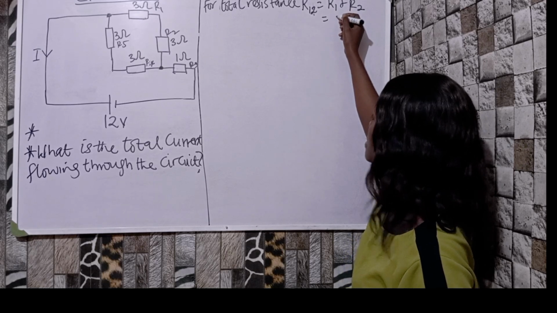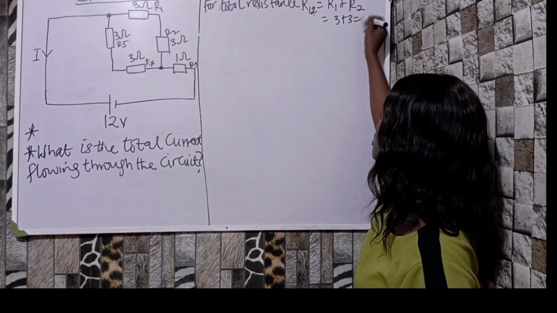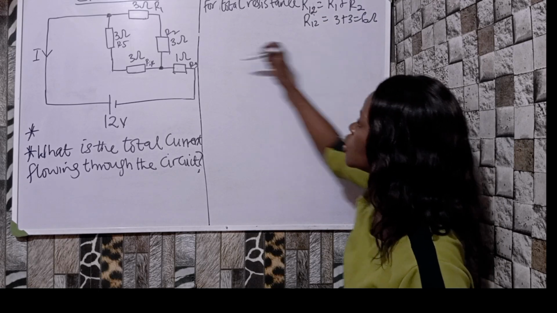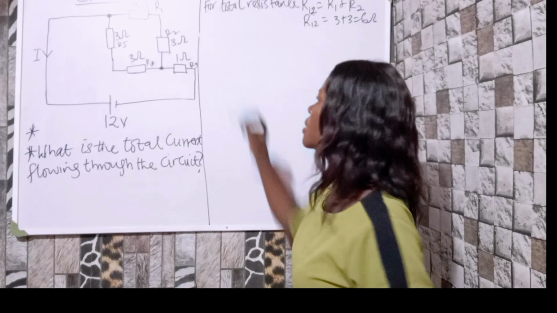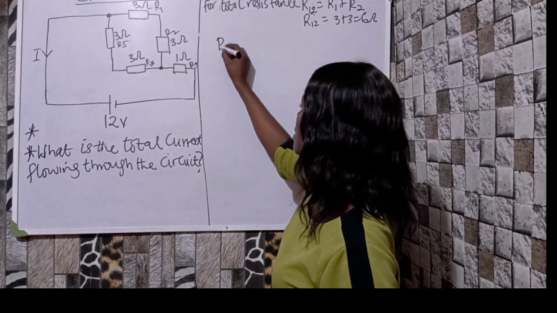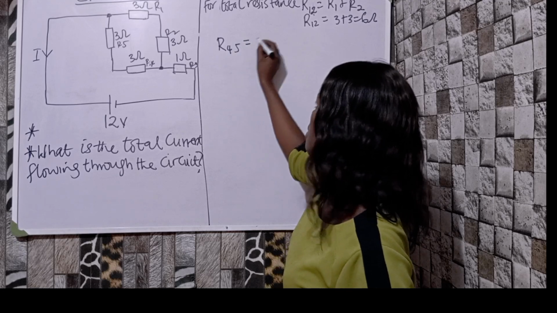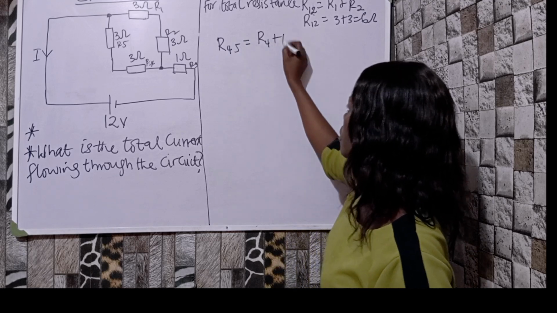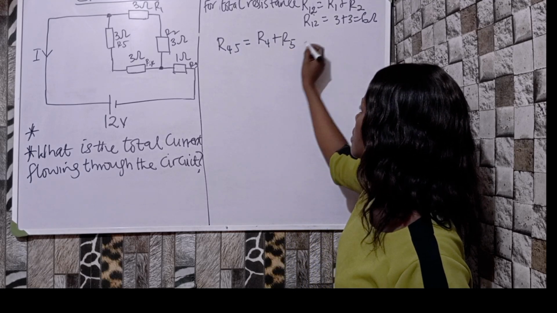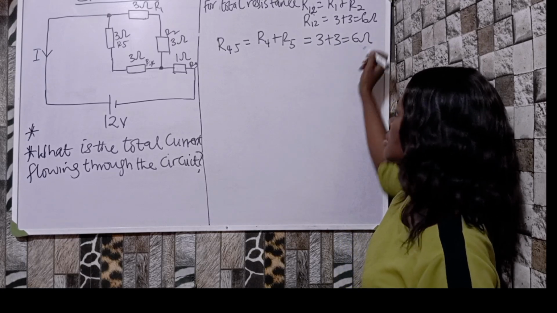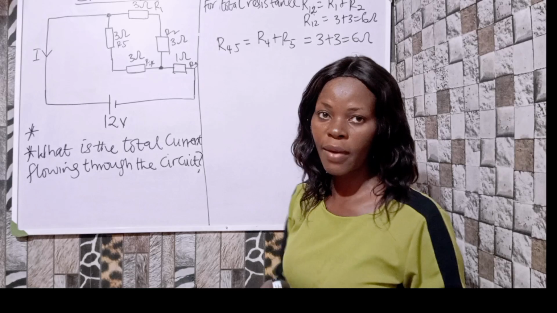That is 3 plus 3, which will give me what? 6 ohm. So R12 will give me 6 ohm. That is this plus this, right? Okay. I will now say R45 is equal to R4 plus R5. That is 3 plus 3 to give me 6 ohms, right?